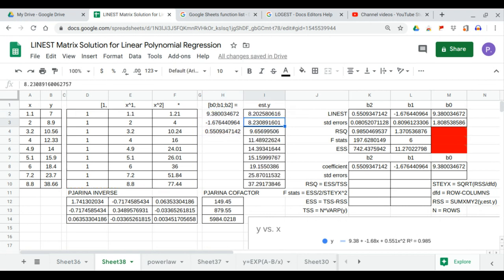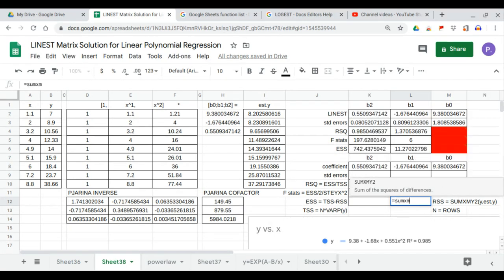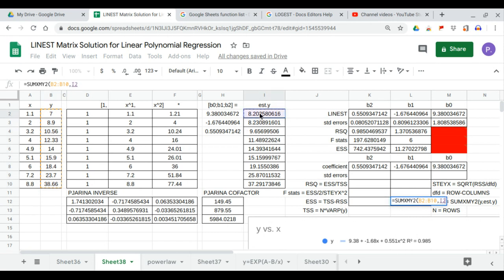Now that we have the estimated y, we can calculate the residual sum of squares, which is equal to the sum of squares of the difference of y and y hat, or estimated y. 11.27 matches our LINEST output.